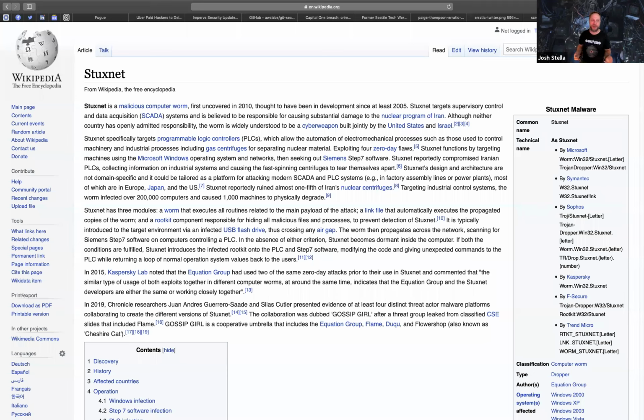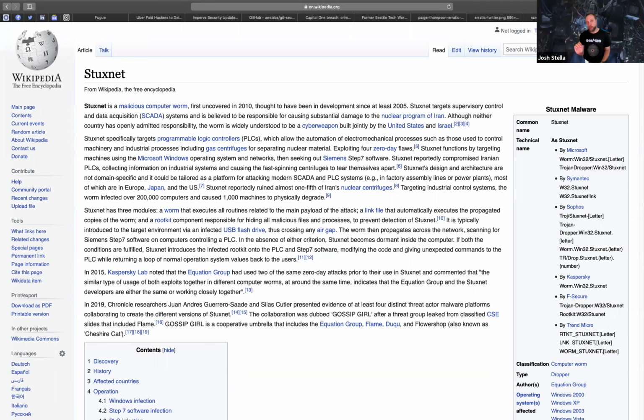I'm pretty sure most folks have heard of Stuxnet. Stuxnet was a malicious worm. This is just a Wikipedia page. It infiltrated nuclear programs in places like Iran, primarily Iran, but it made it other places as well, including back to the US, by the way.